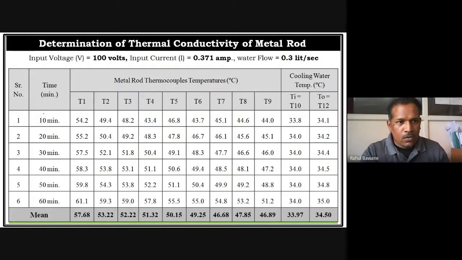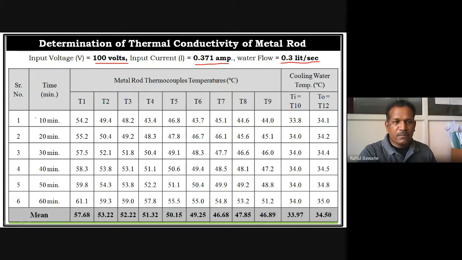Now, I noted down some readings for the B2 batch. At that time I kept the voltage at 100 volt, the corresponding current is 0.371 ampere, and I maintained a water flow rate of 0.3 liter per second. So you have to take these readings only.